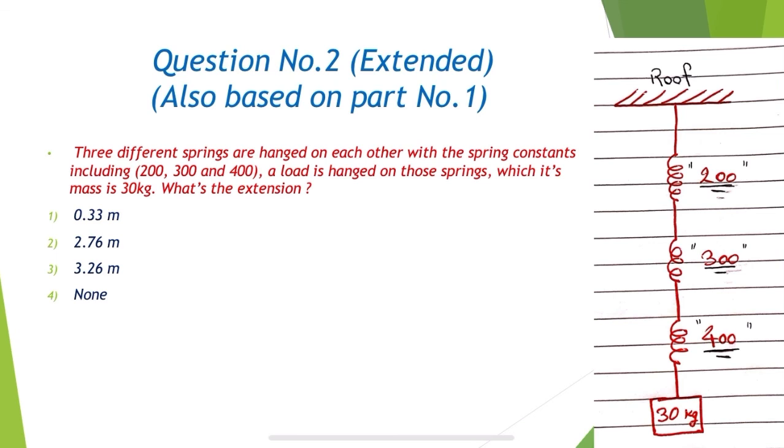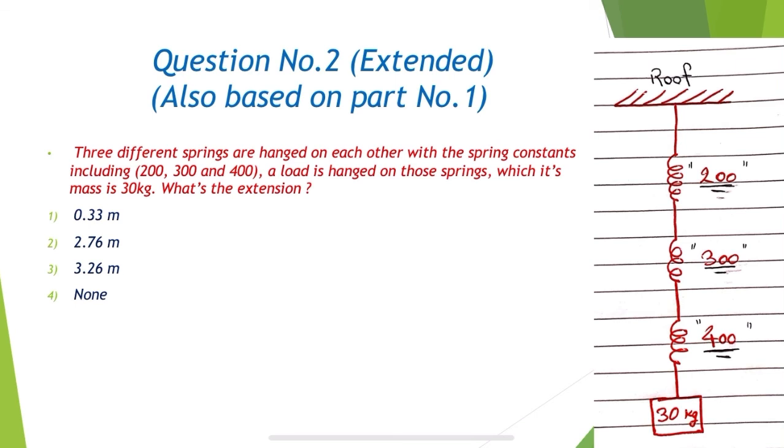This was the same question that I said we have to refer to part number 1. If you haven't watched part number 1, I would strongly recommend watching my last video, and then you will be able to answer this question just like a piece of cake.